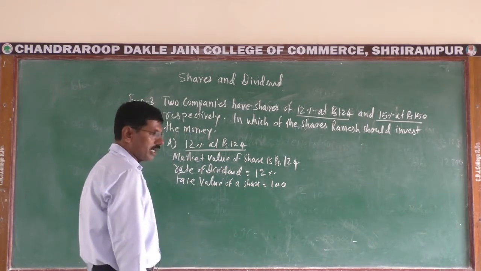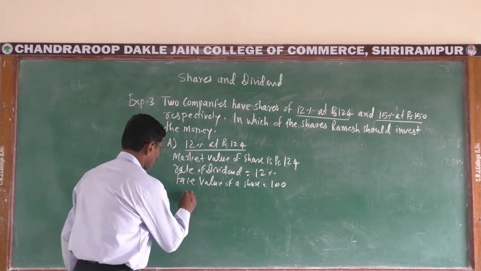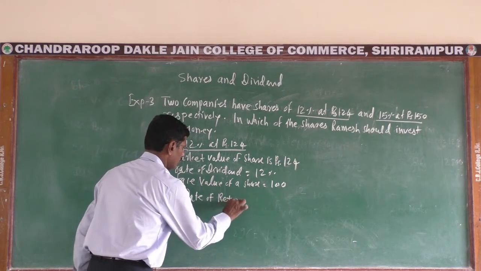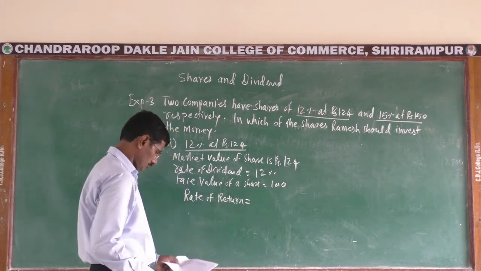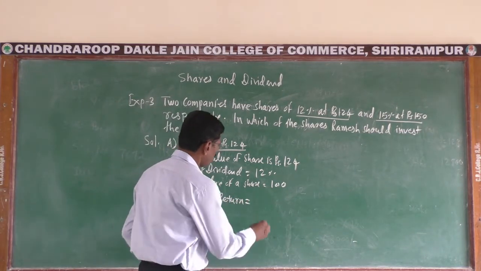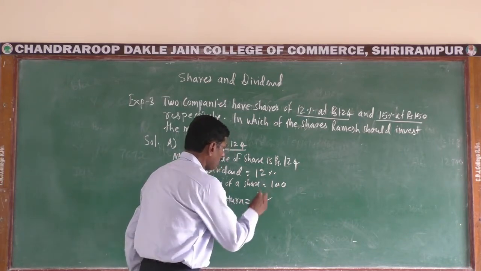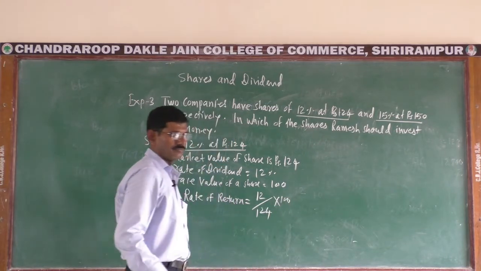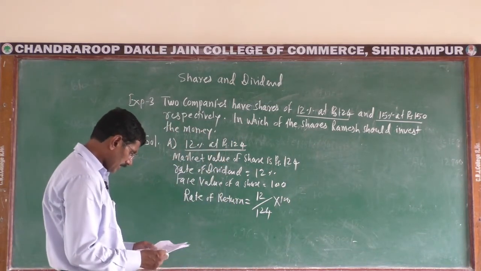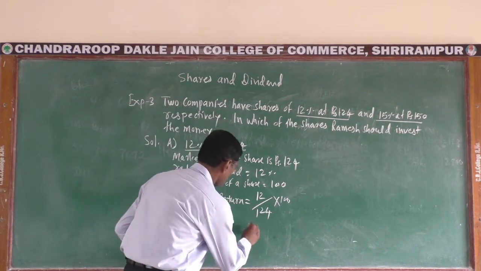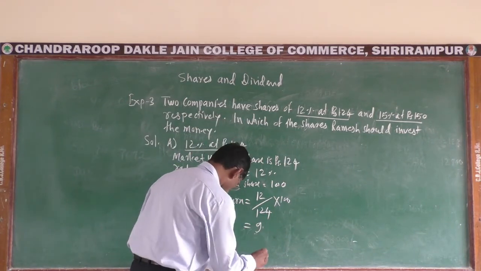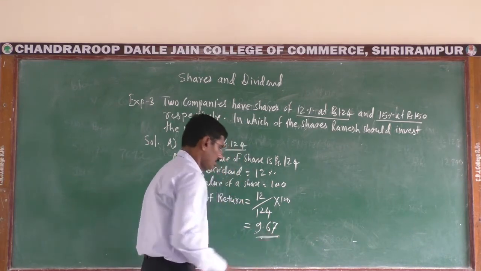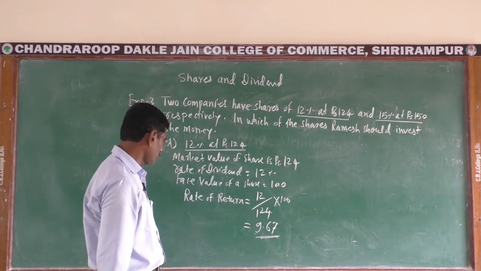Then the rate of return is equal to, he earns rupees 12 when he invests rupees 124 into 100. It means the rate of return on the first investment is 9.67%.